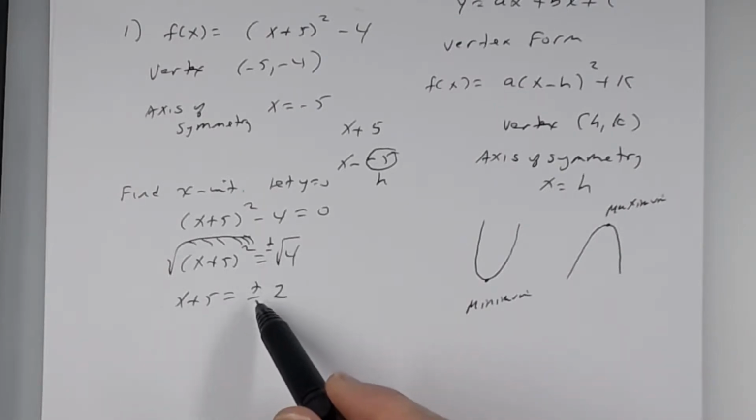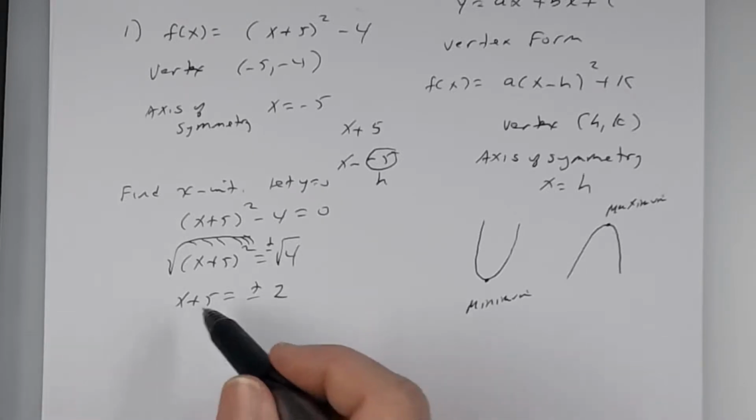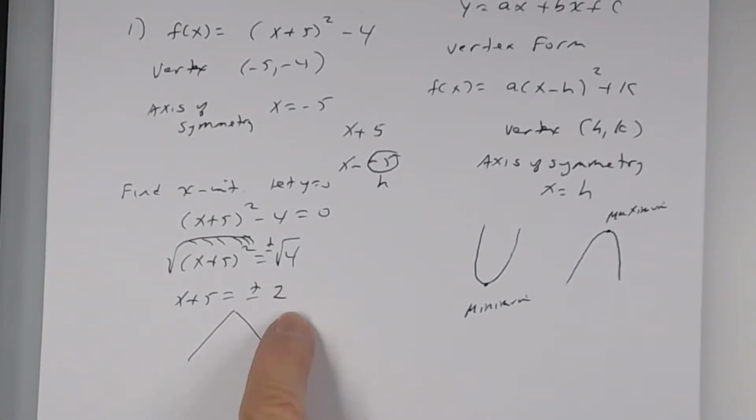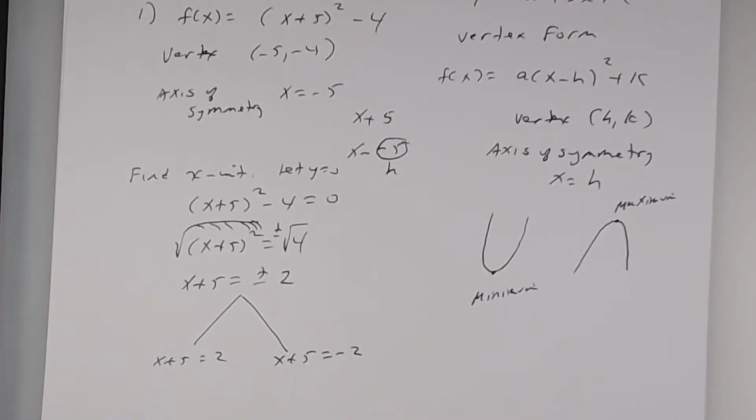So I'm going to end up with rational solutions, and that's where you split them apart. Remember last class period we approximated at some point? Not here, because the square root of 4 is exactly equal to 2. So we get x plus 5 equals 2 and x plus 5 equals negative 2.